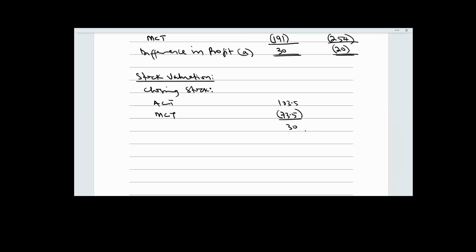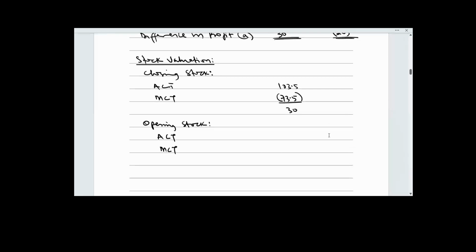Then you are going to less the difference in opening stock. What's opening stock under ACT? Zero. What's opening stock under MCT?